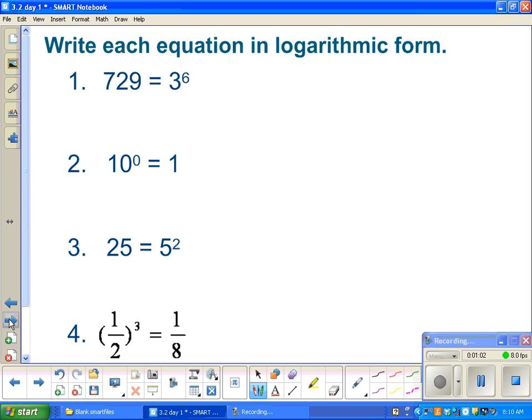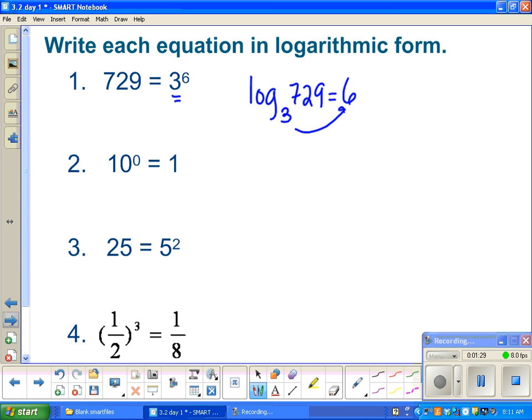Log form and exponential form, the name of the game is that you have to match the bases. So if my exponential base is 3, my log base also has to be 3. 3 to the 6th power equals 729. So 3 to the 6th power, by definition, equals 729.